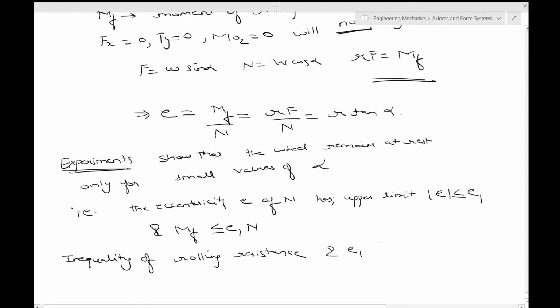And E1 is called the length of rolling resistance, so called coefficient of rolling friction.